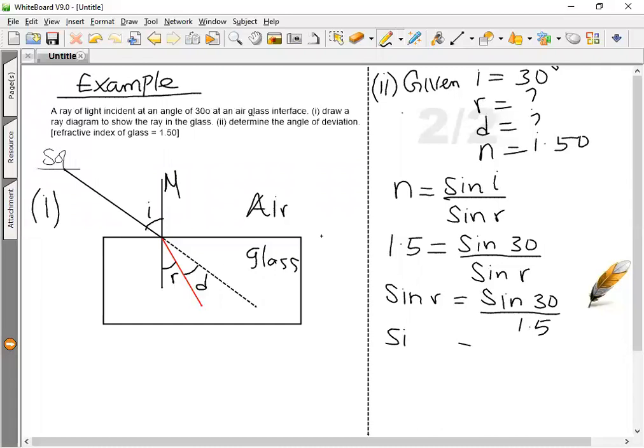Sine r definitely equals 0.5 over 1.5. Okay, let me quickly do this.